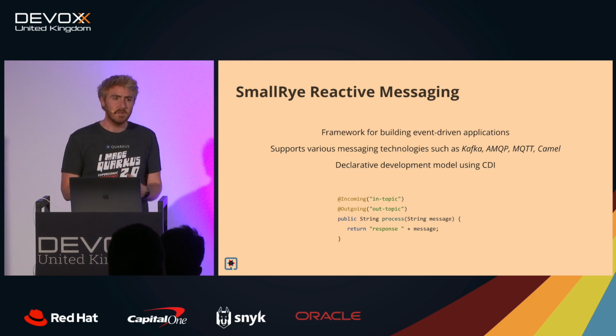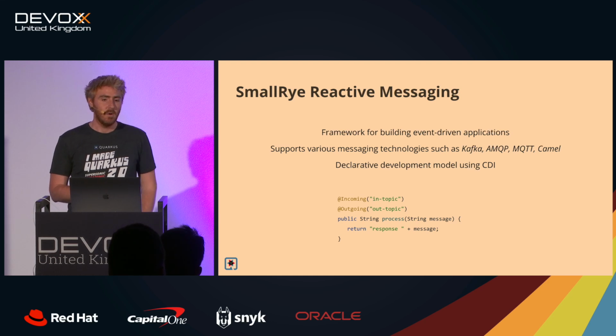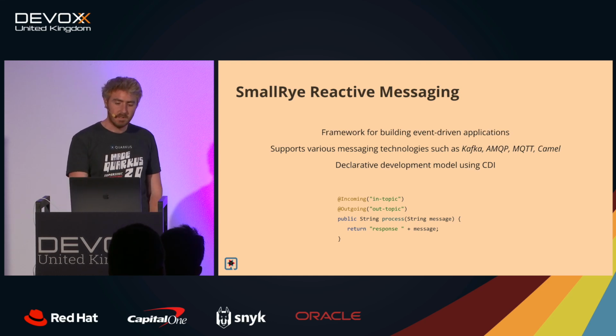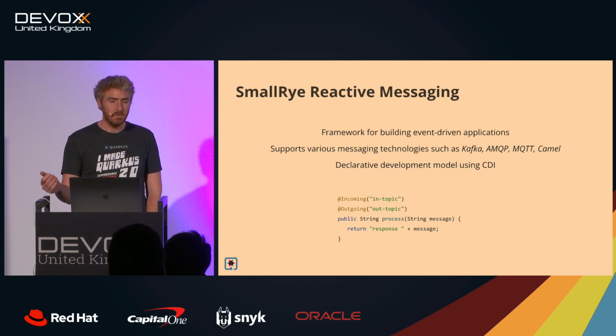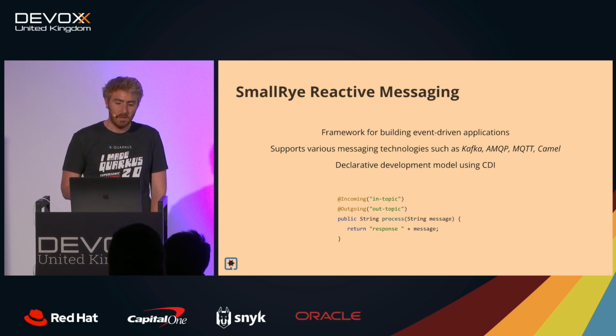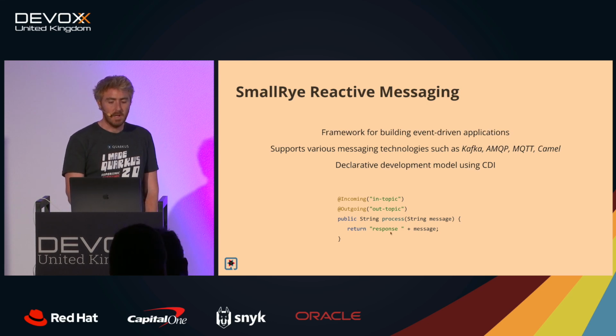In your application code, you can actually inject the channel, or as we are seeing right now, declare a method on which you subscribe to a channel, and then you say that the output of that treatment will get pushed to the outgoing channel.